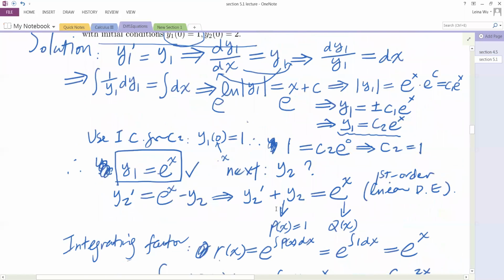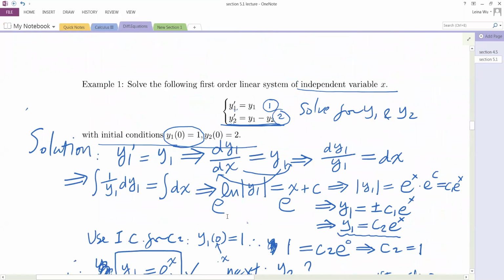Is this kind of what you meant when they relate to one another? Like, since you end up using e to the x to find the y2? Yeah, so first of all, this linear system has two variables you need to solve for, y1 and y2, okay? You can solve for y1 basically by itself. You don't have to use y2.